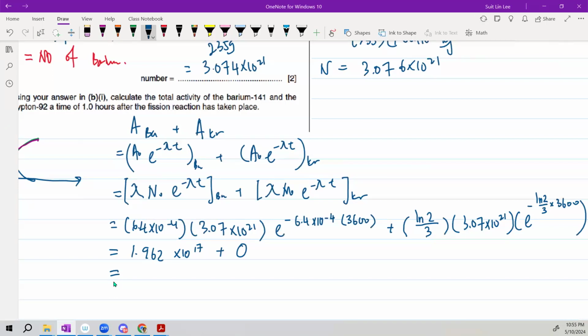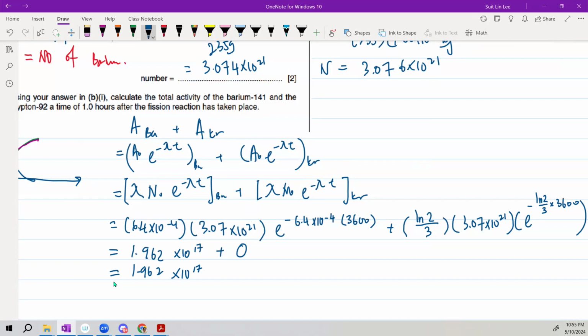How do I know it's 0? Because your half-life is 3 seconds. After 3,600 seconds, it is unlikely that you have anything left behind. But this is how it looks if you want to calculate.